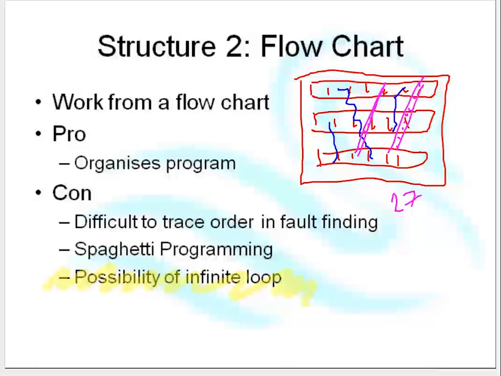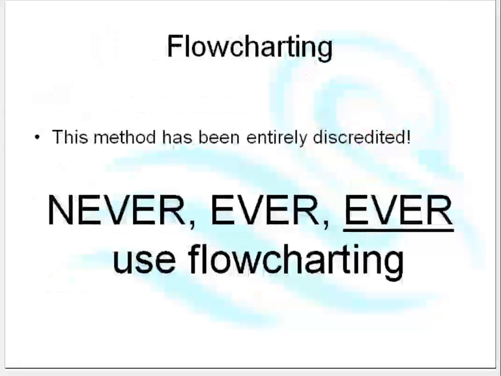So it's not just a possibility of an infinite loop, it's a probability. If you write a program with 200 labels, you're going to get one of them wrong. And then you're going to have an infinite loop, and then it's going to disappear up its own bum, basically. So it's a very dangerous system.